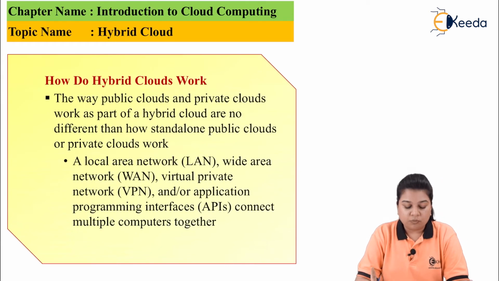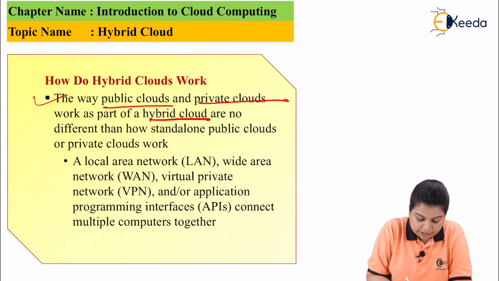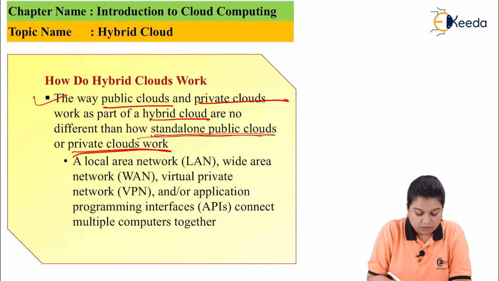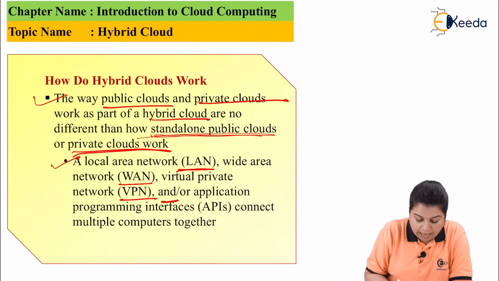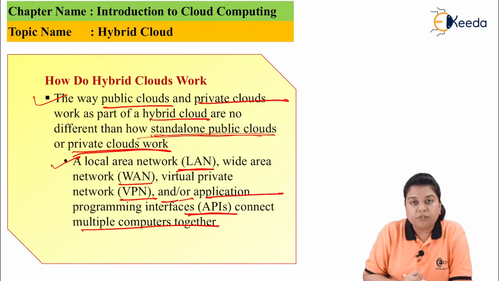How does hybrid cloud work? Now, the way public clouds and private clouds work as a part of hybrid cloud is no different than how standalone public clouds or private clouds work. First point to the explanation is a local area network or LAN, a wide area network or WAN, a virtual private network, that is VPN, and or application programming interfaces, also known as APIs, connect multiple computers together.